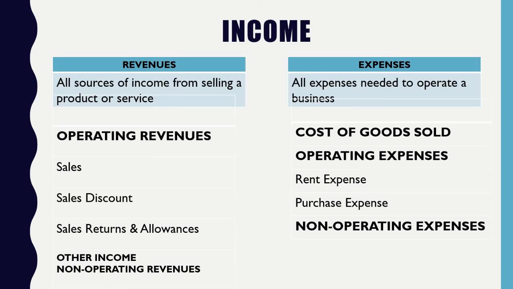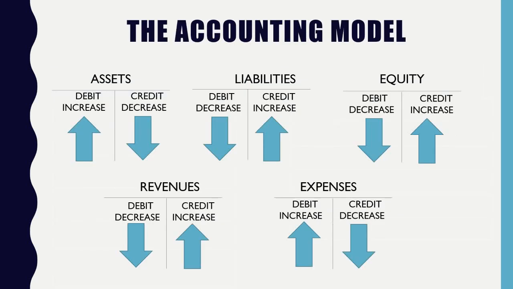You're paying extra expenses that have nothing to do with the core of your business, right? It's non-operating. So again, that's just an example of a non-operating expense. All right. Any questions as far as all of that?